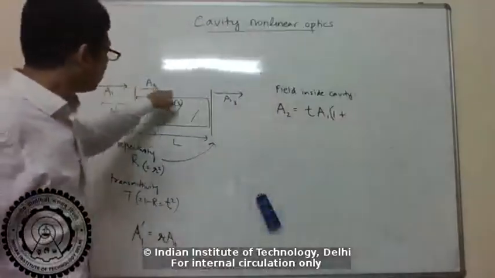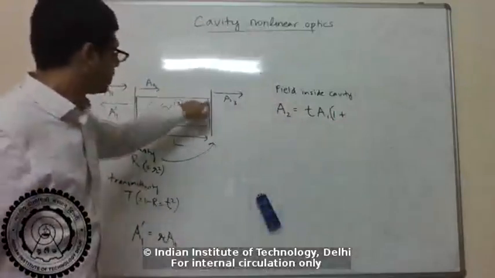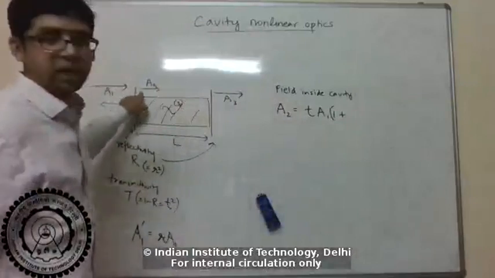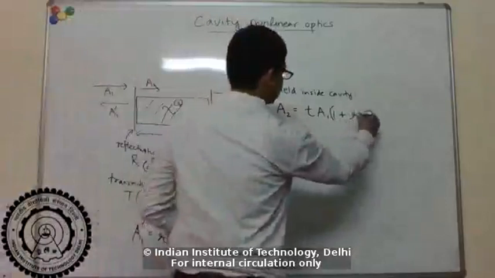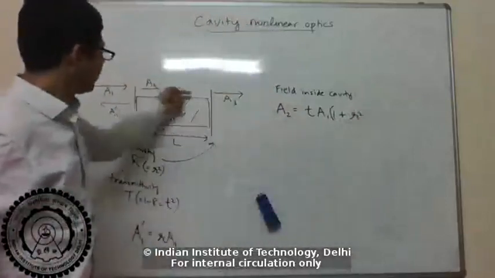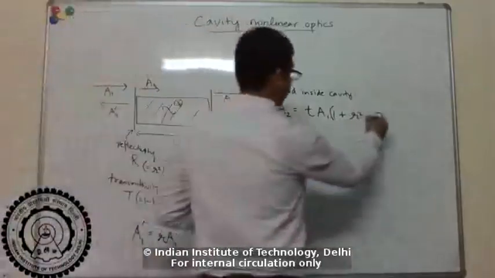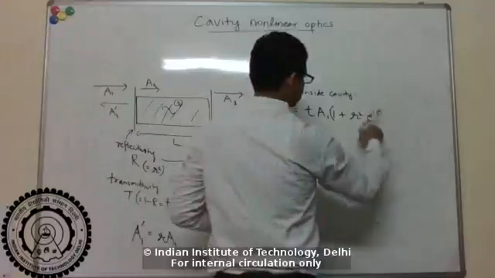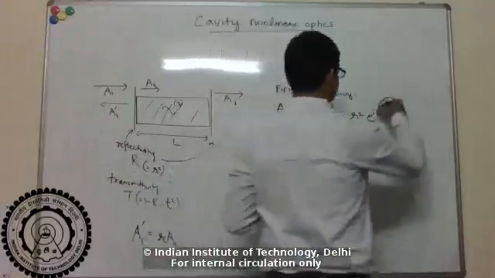And then traveled one round trip here. So it went here, got reflected from the mirror, came back, got reflected from the mirror again, right? So there are two reflections from the mirror, and then there is a phase acquired, which is the round trip phase, right? That phase I have to include here. So phi is the round trip phase.